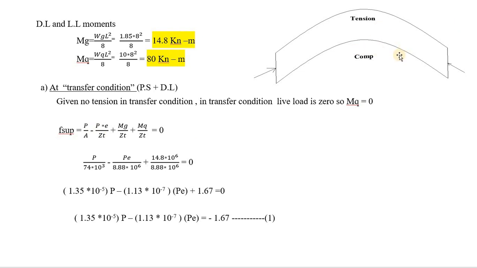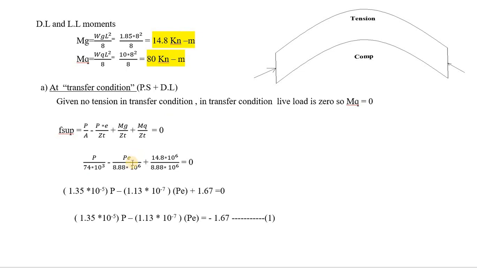Why am I mentioning this hogging? To make you remember about F superior. Here equate F superior to 0, MQ will be 0. After that, the P value is unknown, and the eccentricity e is also unknown. Why?